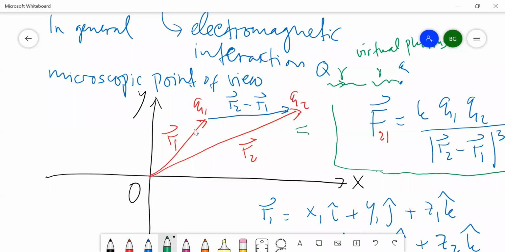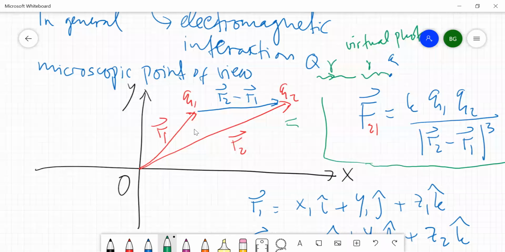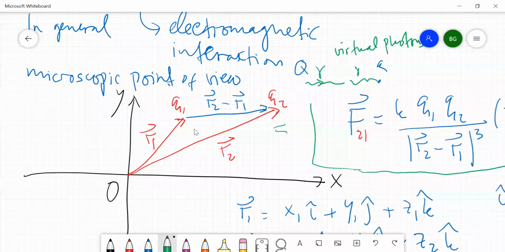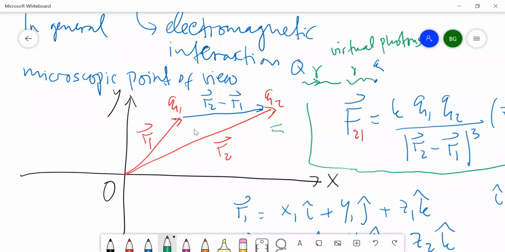Okay. Formally, for example, we consider Q1 and Q2 as particles with charges Q1 and Q2. You can also say that they have masses M1 and M2, just for example.